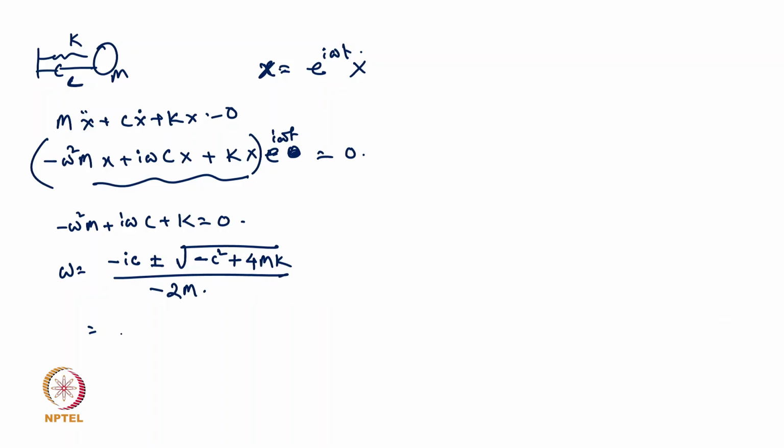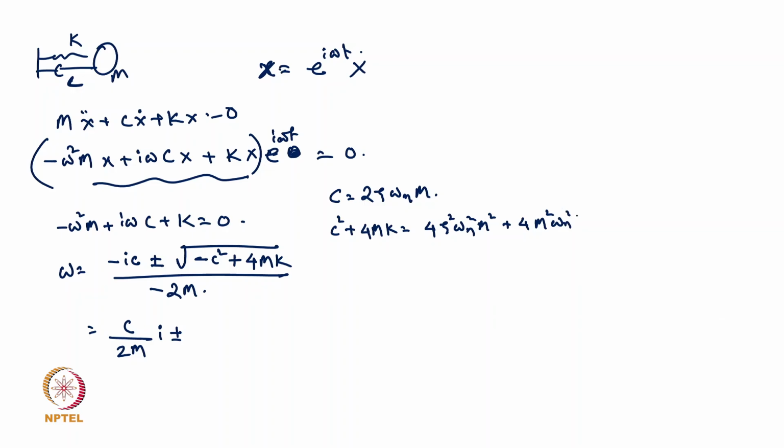2a. So now in this scenario, I can think c equal to 2 xi omega n into m. Okay, so the first term is c divided by 2m into i, plus minus. So c square minus 4mk can be written as 4 xi square omega n square m square minus 4 m square omega n square.